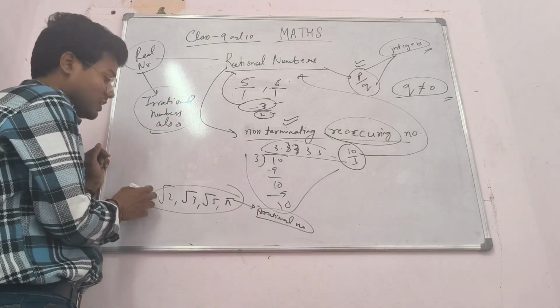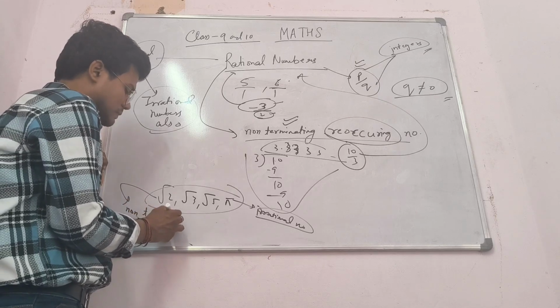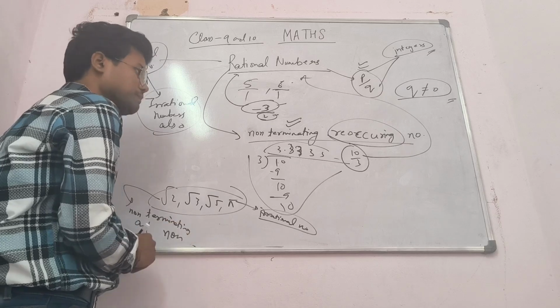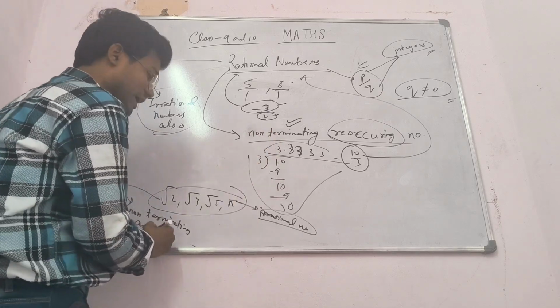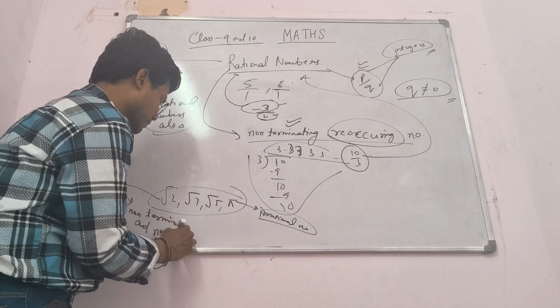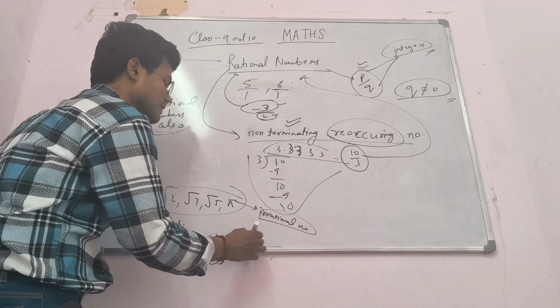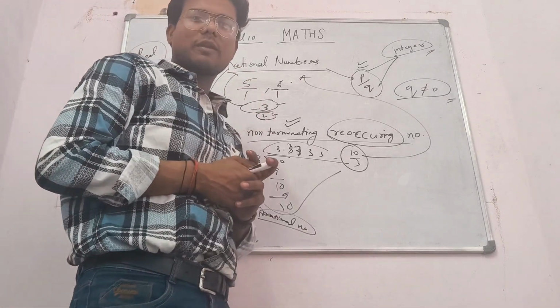Because if we find their values, they are non-terminating and non-recurring numbers. So this is a little bit of explanation about the rational number and the irrational number.